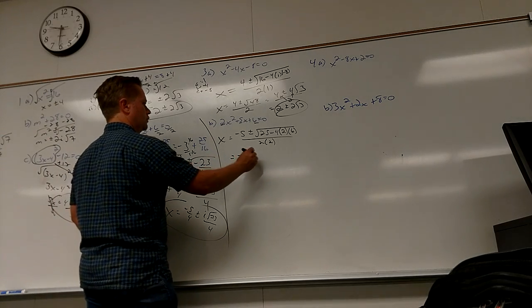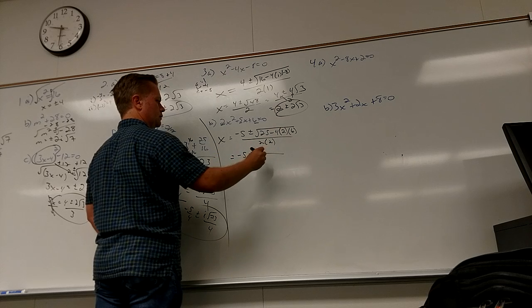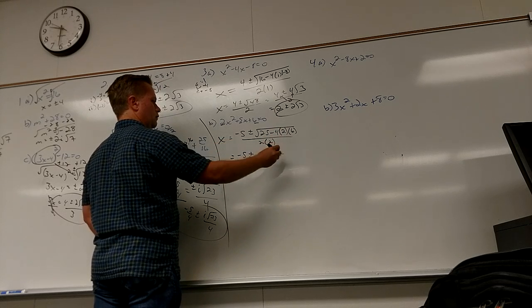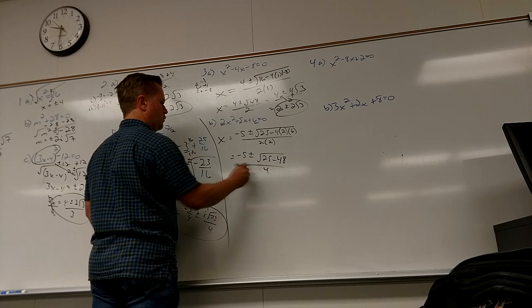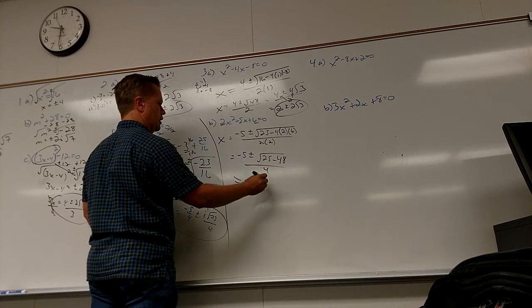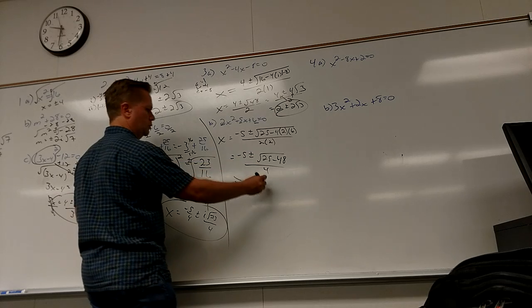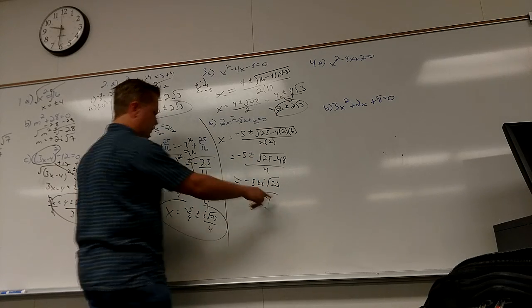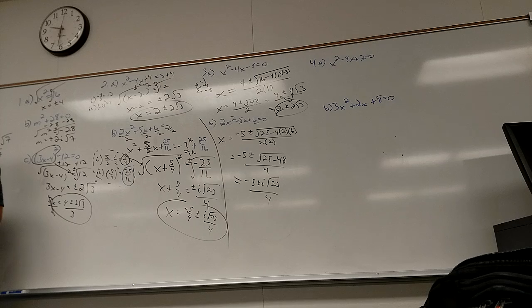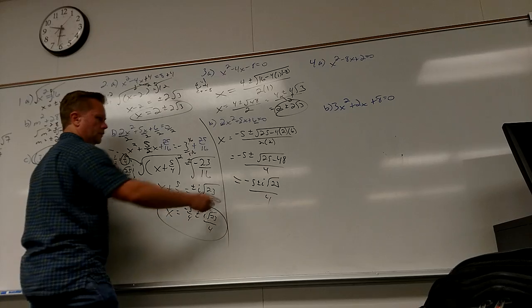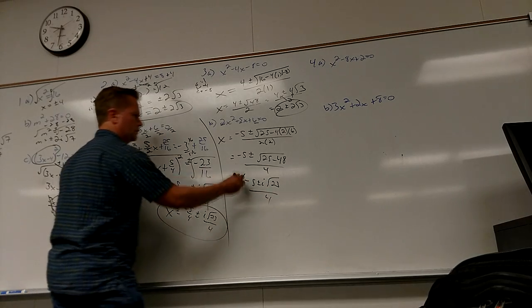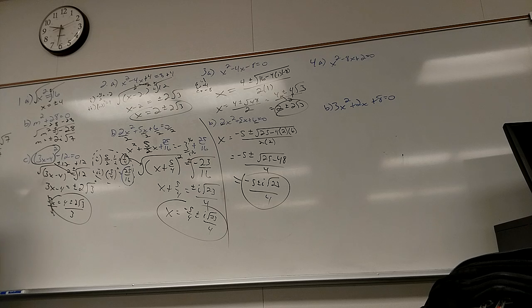You get negative 5, give or take, square root of 25 minus 48, all over 4. That'll be negative 23, of course, so it'll be i radical 23 over 4, which is the same answer. Negative 5 over 4, plus or minus i radical 23 over 4. Just plug and chug. That's all the quadratic formula is.